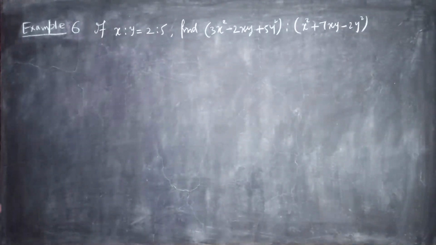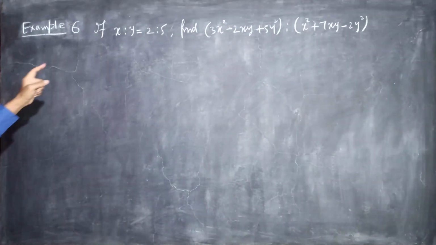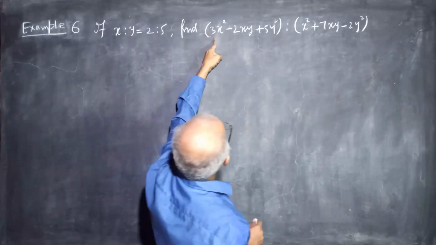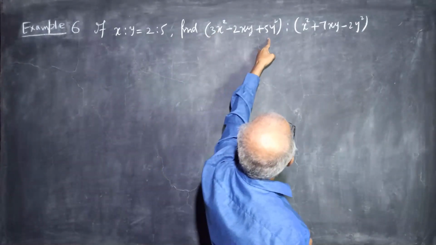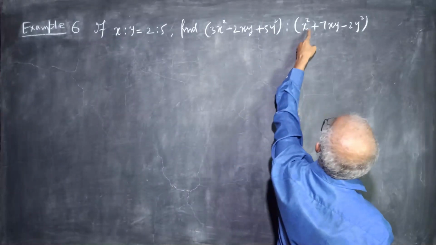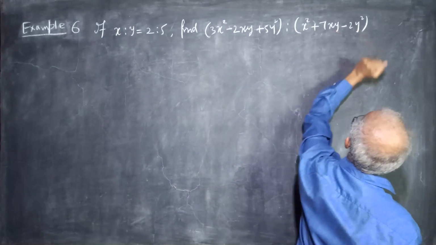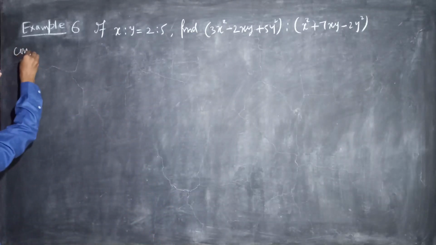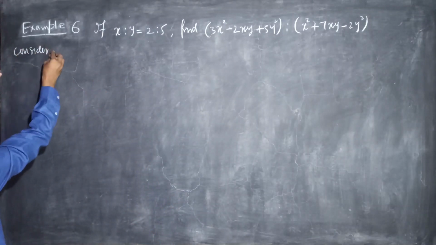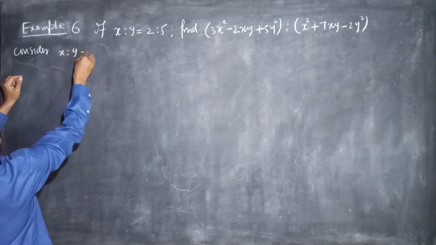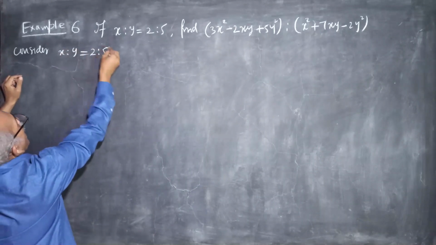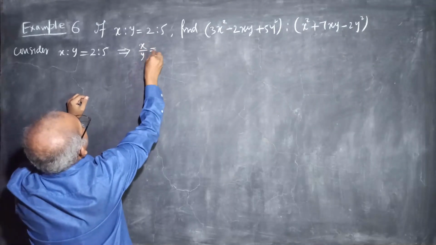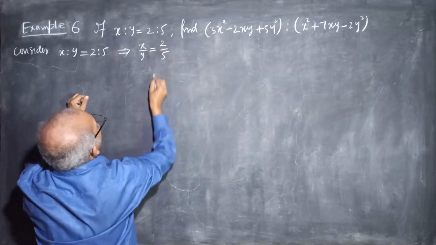Now we shall do example 6. If x is to y is equal to 2 is to 5, find 3x square minus 2xy plus 5y square is to x square plus 7xy minus 2y square. Now consider the given ratio. Consider x is to y is equal to 2 is to 5, implies x by y is equal to 2 by 5.